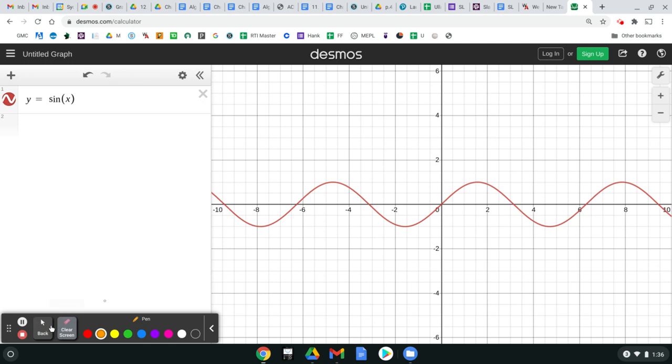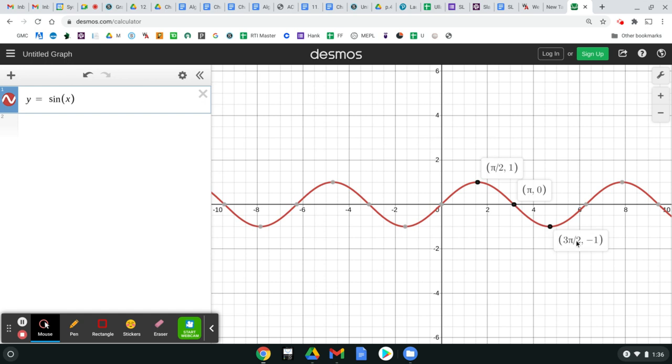So now if I go back to Desmos, you can see, look at this point. That's pi over 2 comma 1. Remember, pi over 2 is 90 degrees, 180 degrees, 270, 360. Now let's look at what happens when we have y equals sine of x plus something.